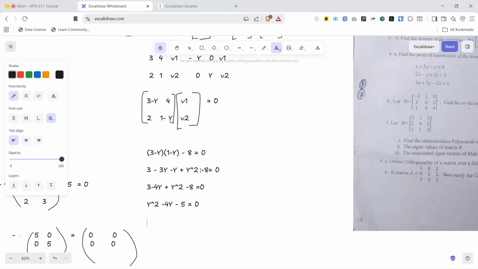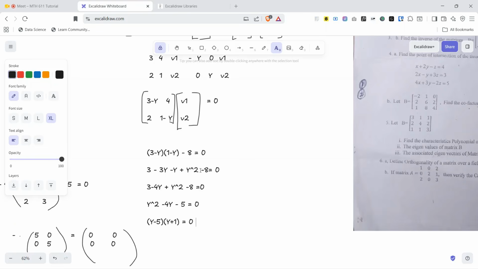So in solving the quadratic equation, that would be lambda squared minus 4 lambda minus 5 equals 0. Minus 5 plus 1 would give us minus 4. So what we would have is lambda minus 5 into lambda plus 1.